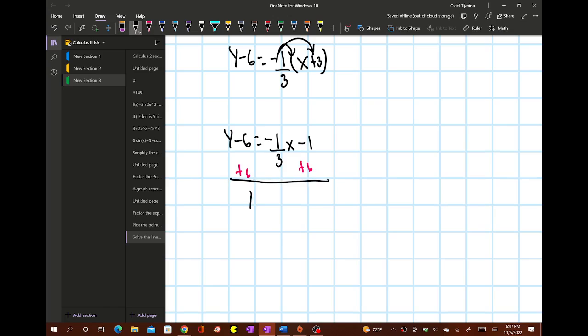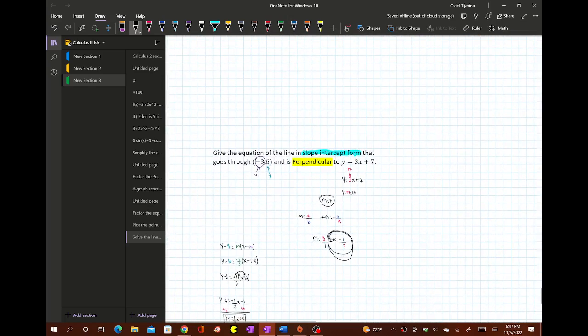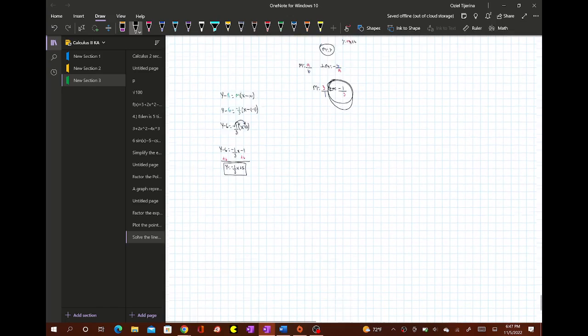And you get y equals negative 1/3 x plus 5. Okay, so this will be our answer. Now, that is for perpendicular.